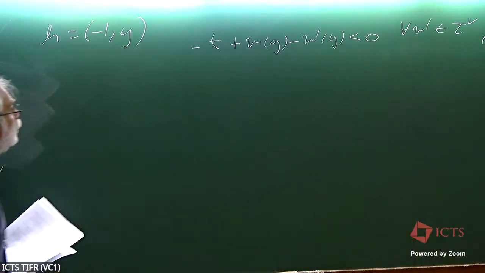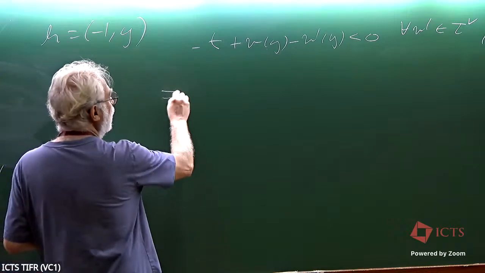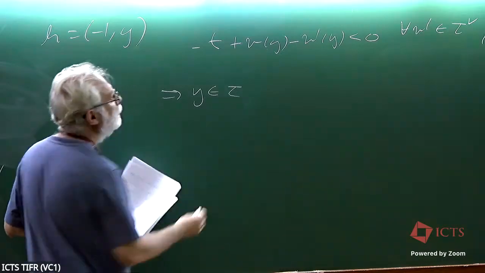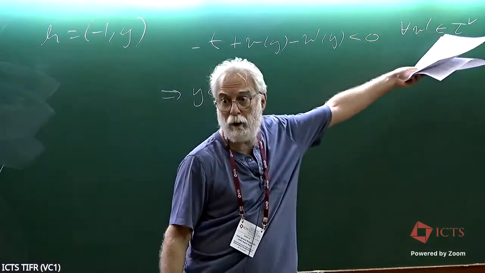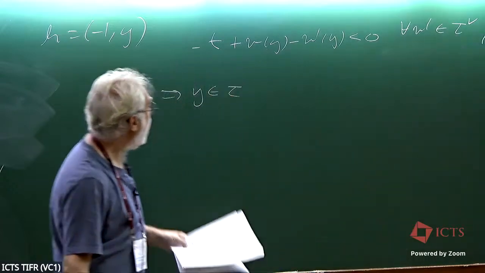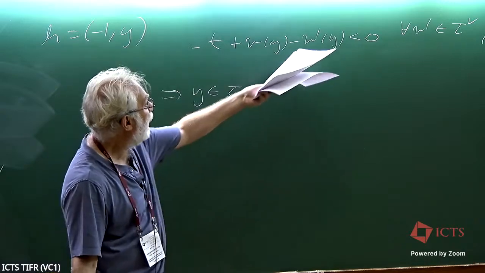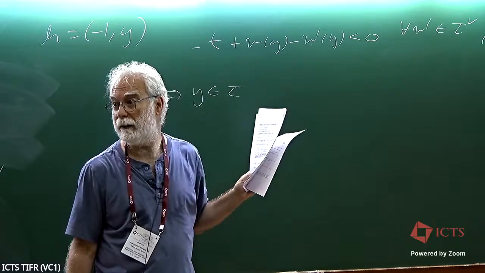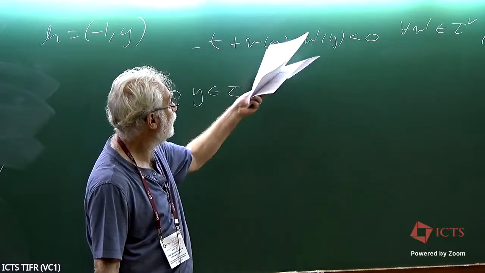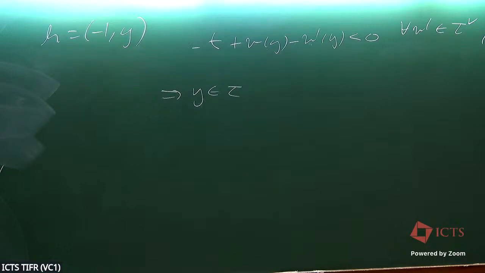And observe that this condition automatically implies that Y has to belong to tau. Because if this has to be negative for all B prime in tau dual, and Y is not in tau, then I will find a B prime in tau dual such that B times Y is positive, and then I will make this condition not to be satisfied.